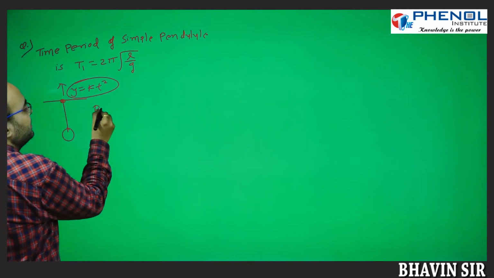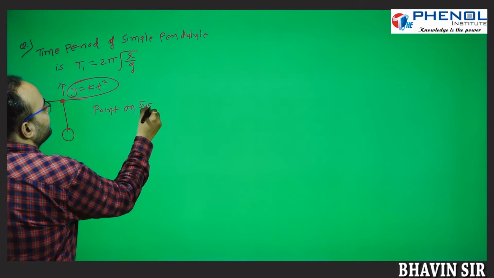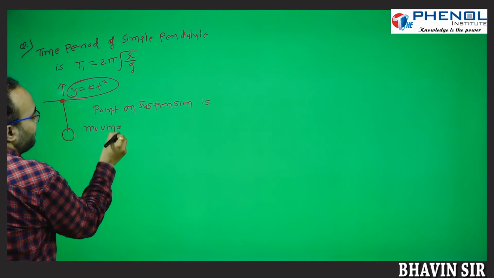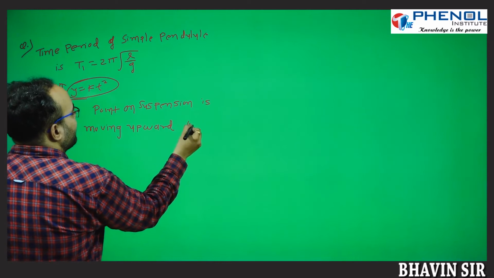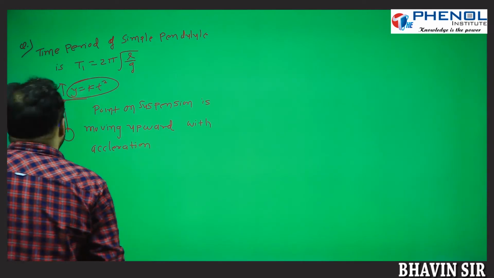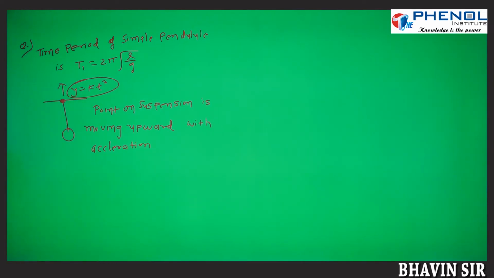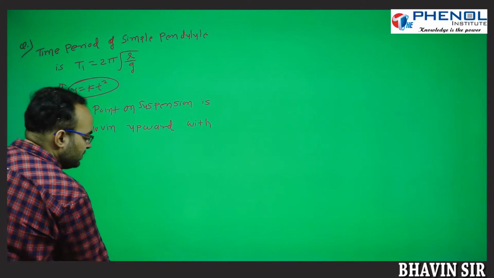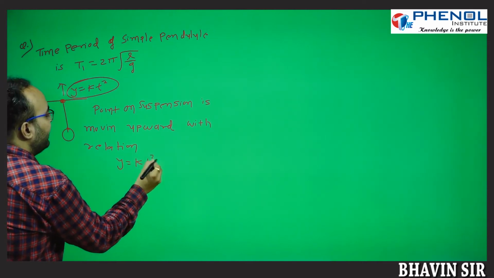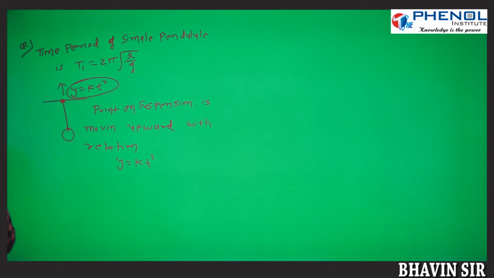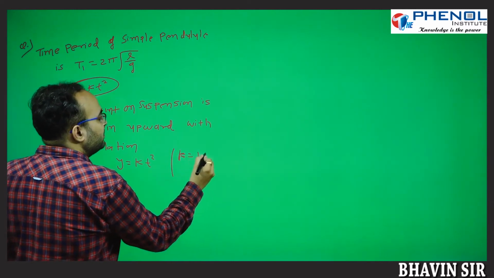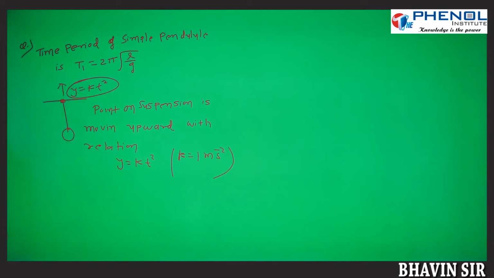See, what is the question? The point of suspension is moving upward with a relation where y is the vertical displacement in the y direction, t is time and k is a constant, with value 1 meter per second square.